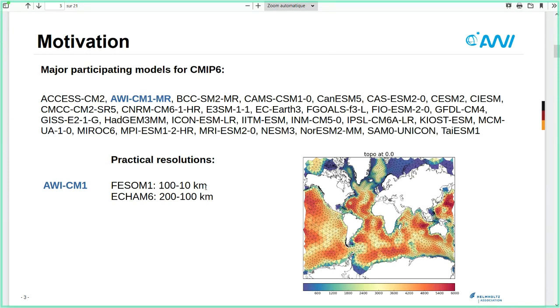And on top, when we coupled it, we had ECHAM6, the atmosphere model from the Max Planck Institute in Hamburg, which had a practical resolution of either 200 kilometers for the TCO63 or 100 kilometers for the TQ127.